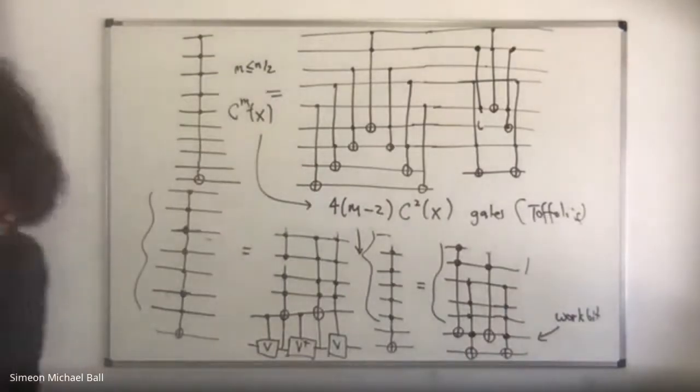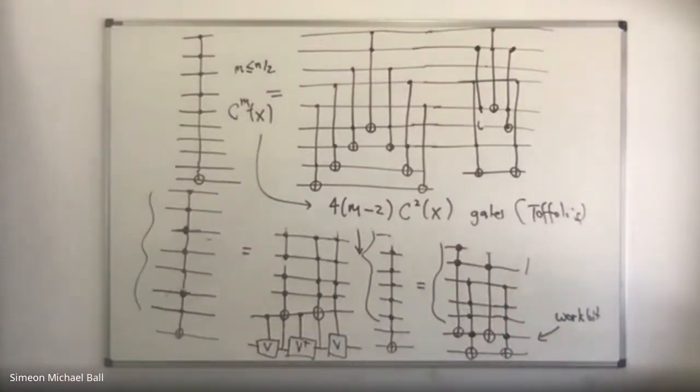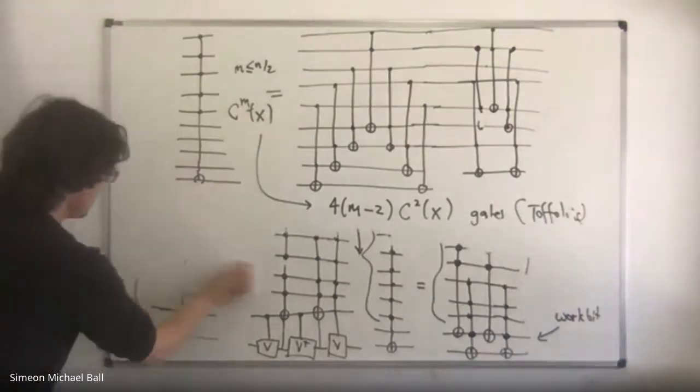So it's a linear number. So in the end, you get down to a linear number of Toffolis. So let's put all that together and see what we've got.